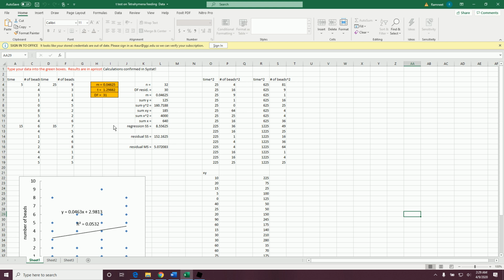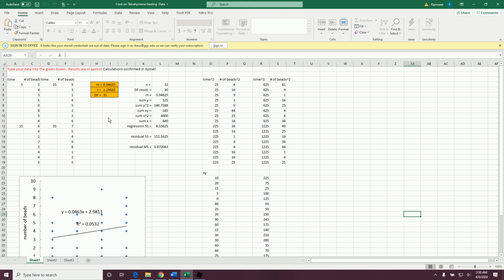And the alternative hypothesis is that the feeding rate is increasing with time. Your critical value is around 2, right? Your T value is 1.29. So in this case, your T value is smaller than the critical value.